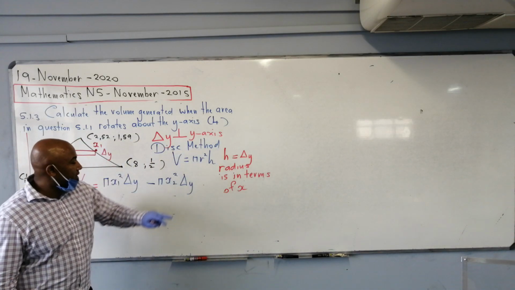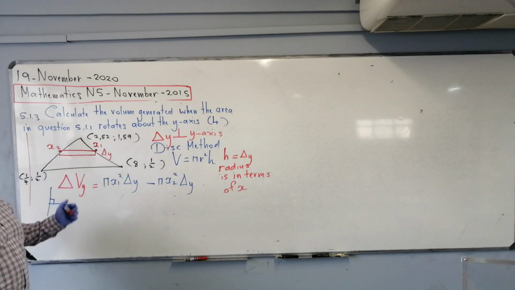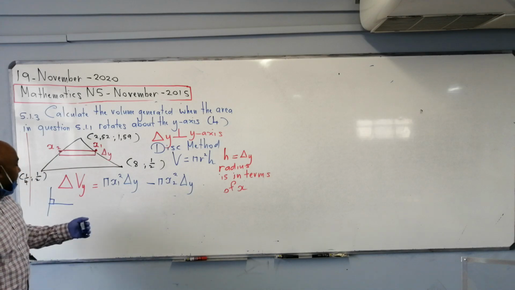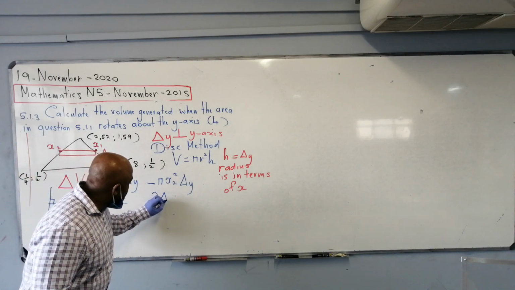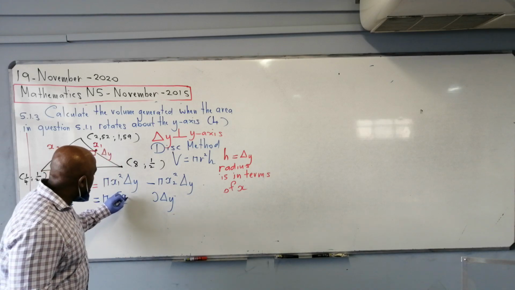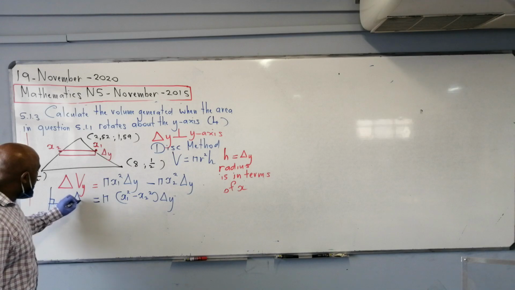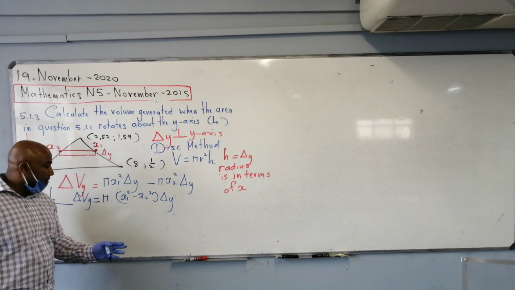So where I'm going r squared, it's going to be x1 squared first, subtract x2 squared. Alright, so now we take out a common factor of pi and delta y there. So I got x1 squared minus x2 squared. That's my delta Vy. So this is a compulsory step.